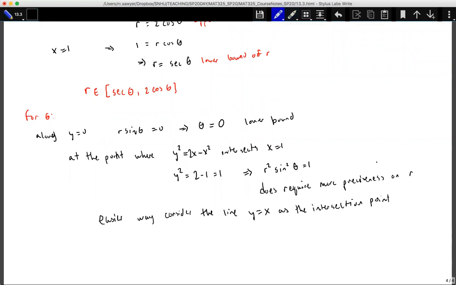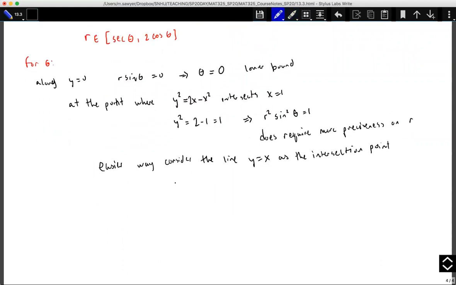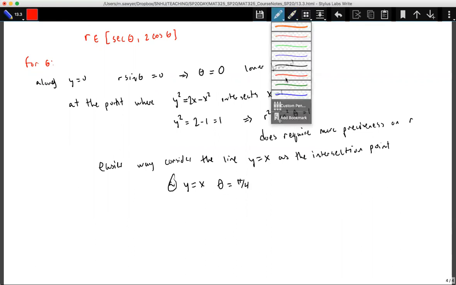We do know information about the problem. We know it's a circle. And so at y equals x, theta has to equal pi over 4, as I said before. And that's our upper bound.